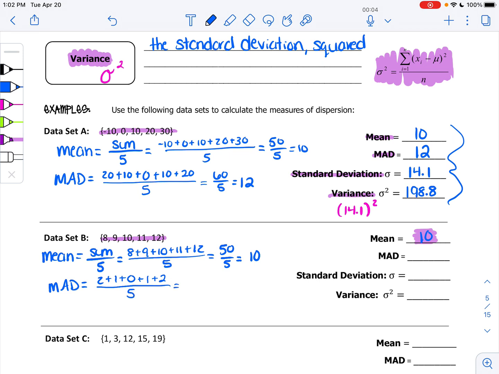So when we get our sum, we get 6 divided by 5, and we do want to divide this out to get a decimal of 1.2. 6 divided by 5 is 1.2, so our MAD is 1.2.